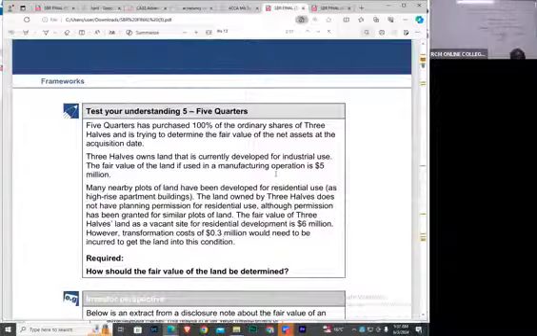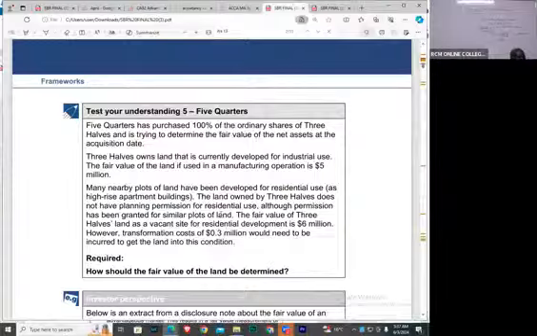Many nearby plots of land have been developed for residential use as high-rise apartment buildings. The land owned by 3 Halves does not have planning permission for residential use, although permission has been granted for similar plots of land.